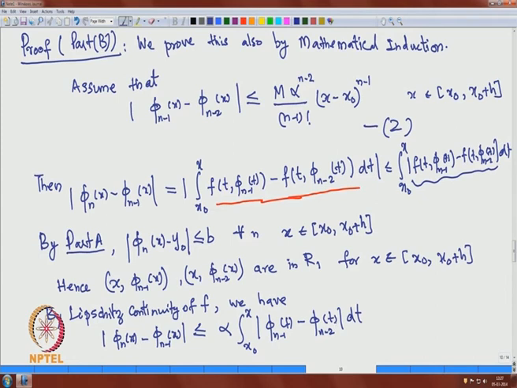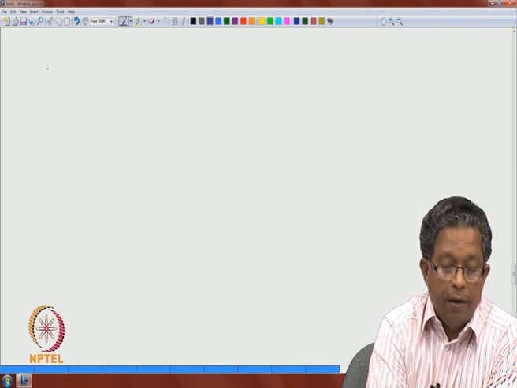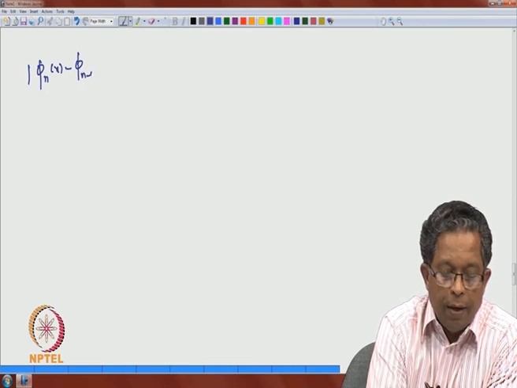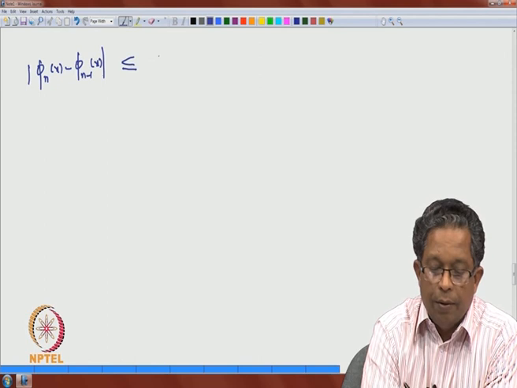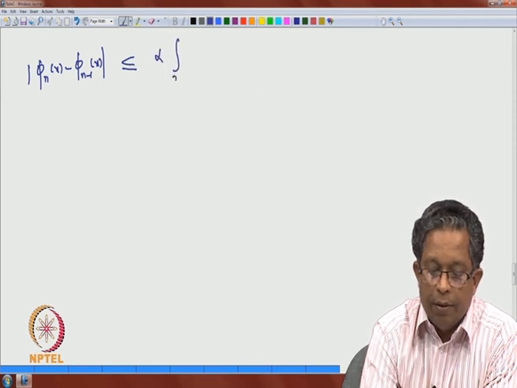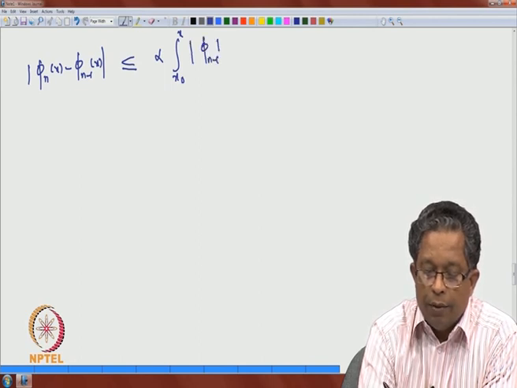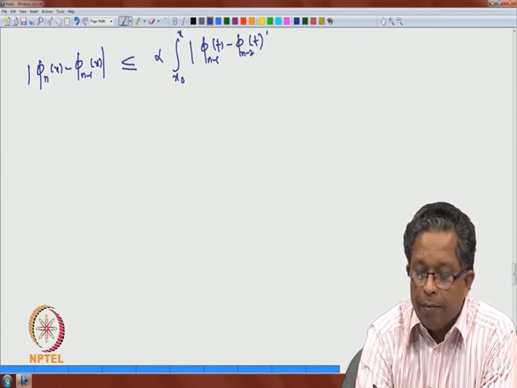Now, by the assumption, so therefore, what is our left hand side? Our left hand side is phi n x minus phi n minus 1 x, which is less than or equal to alpha times the integral from x0 to x of the absolute value of phi n minus 1 t minus phi n minus 2 t dt.